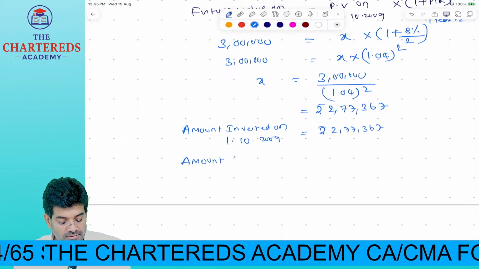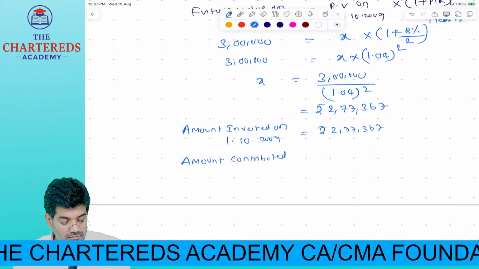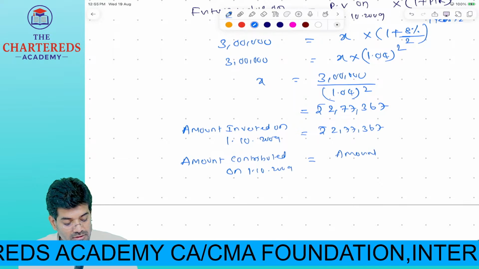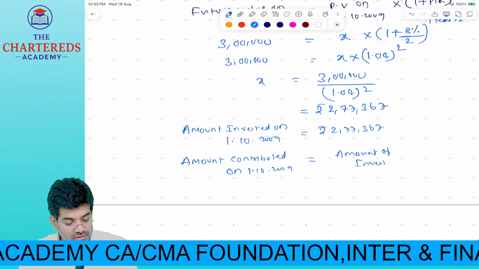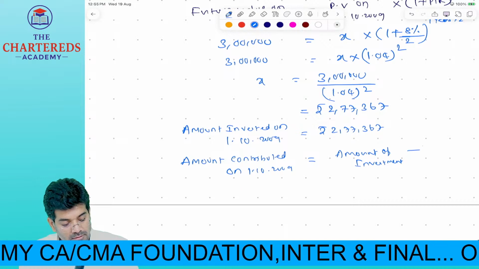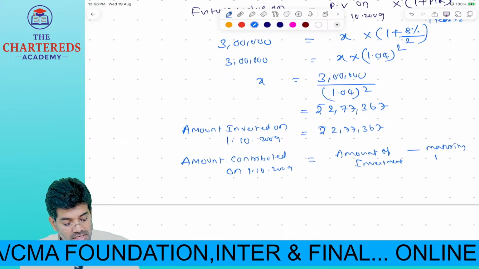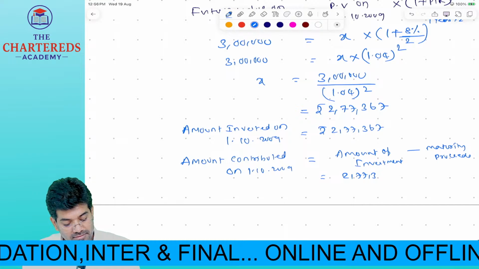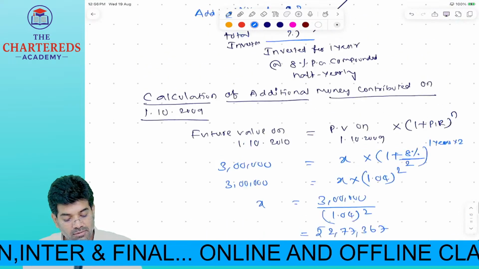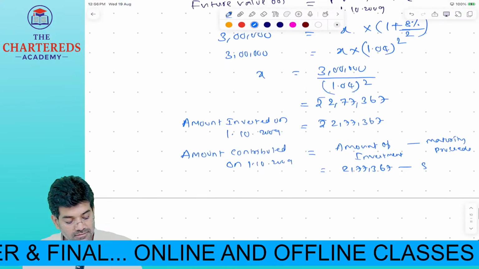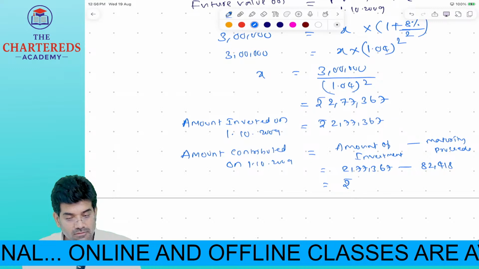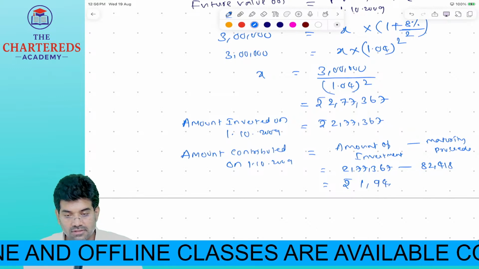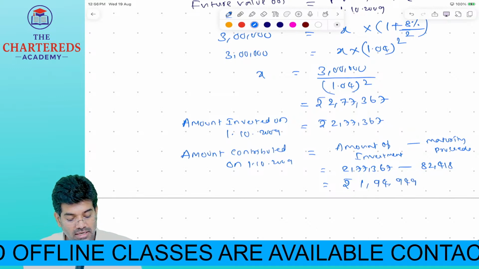Amount contributed on 1st October 2009 is equal to the amount of investment minus maturity proceeds. 2,77,367 minus our maturity proceeds on the day, 82,480, is 1,94,949.